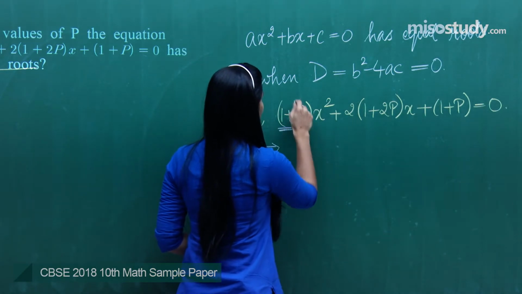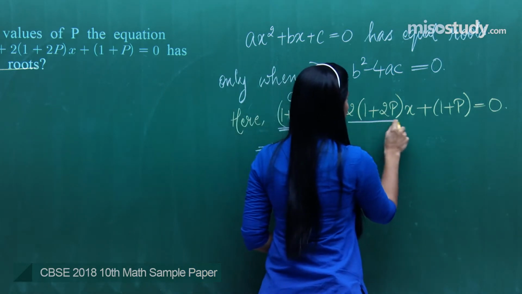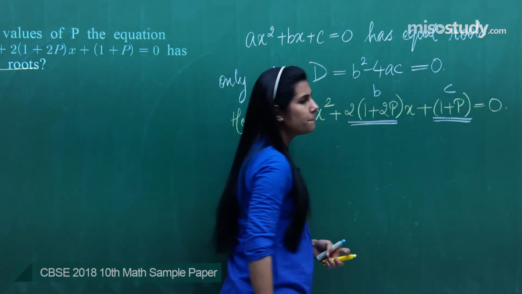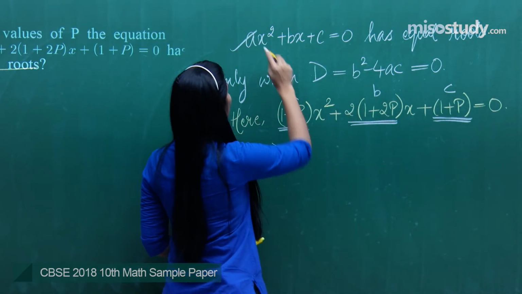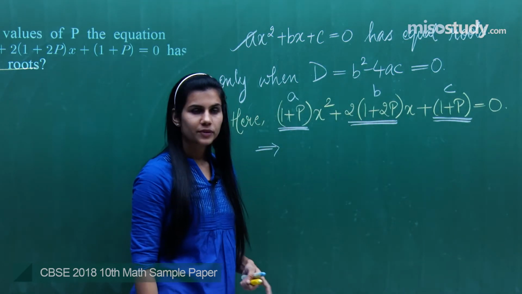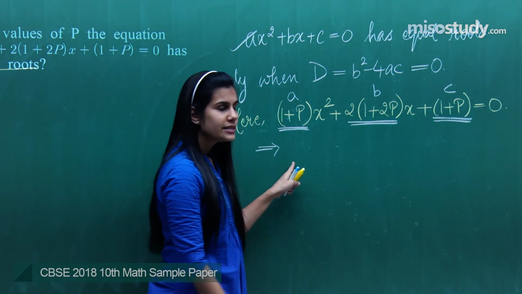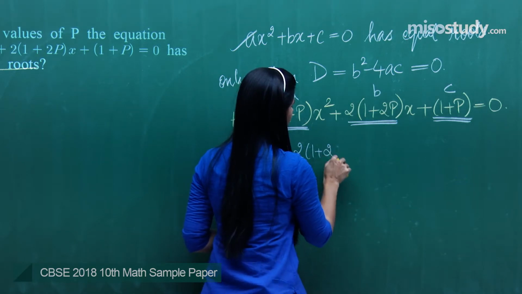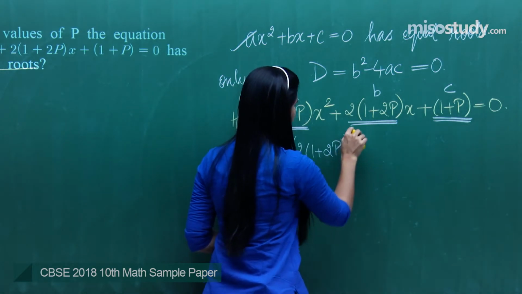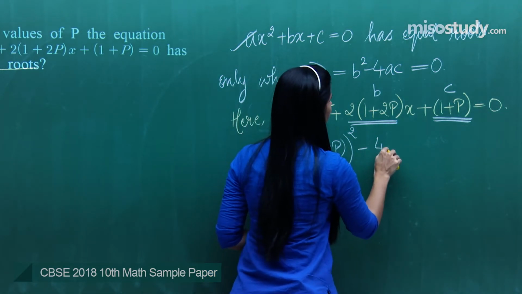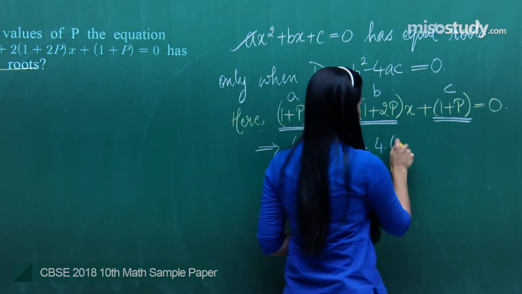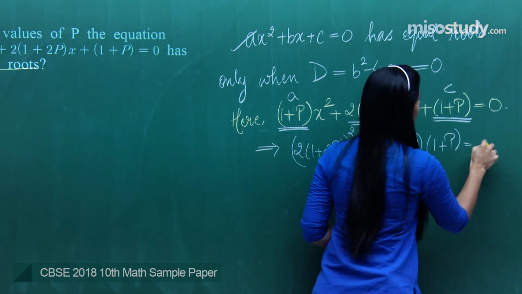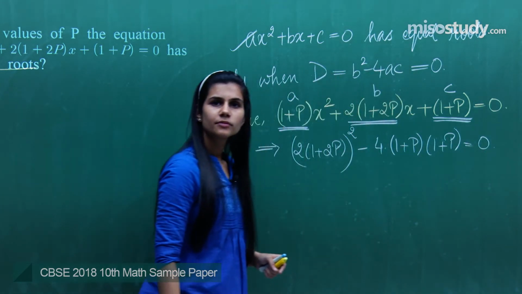Now this thing is your A, this thing is your B, and this is your C when compared to the general form of quadratic equation. And so the discriminant is 0 means B square minus 4 into A into C is 0, right?